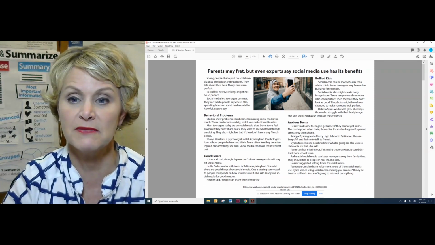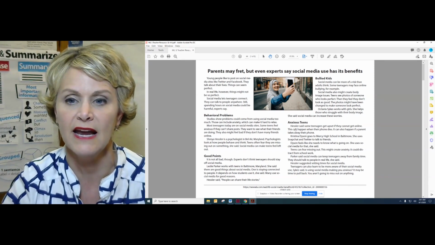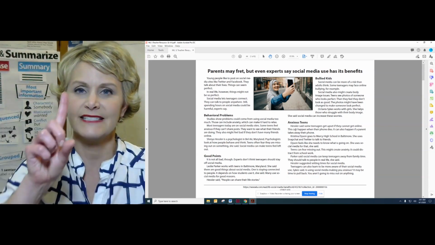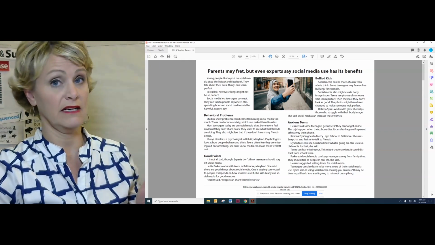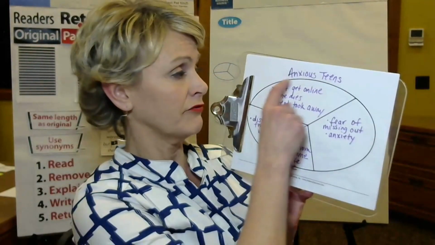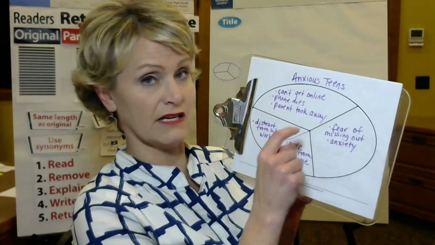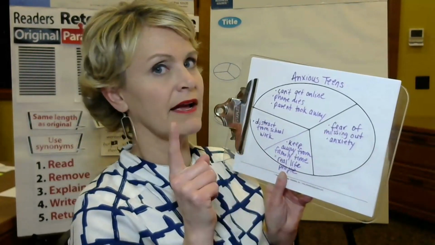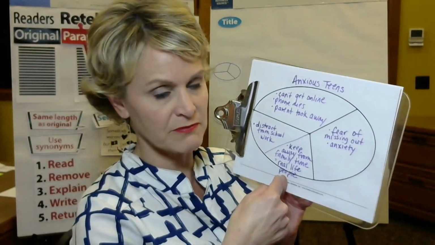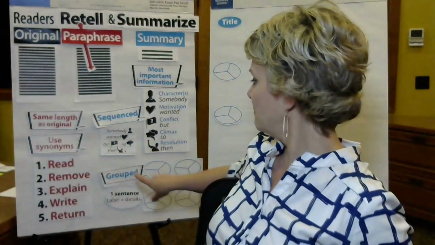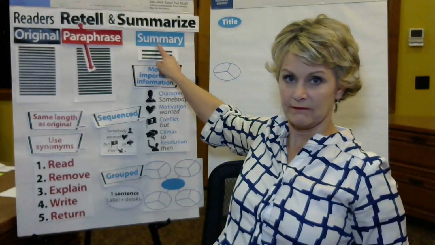So Mrs. Smeckens is going to take all of this information and say it in one sentence. Now, I couldn't do that if we hadn't first figured out what were the key details. That's why I love the dissected web.